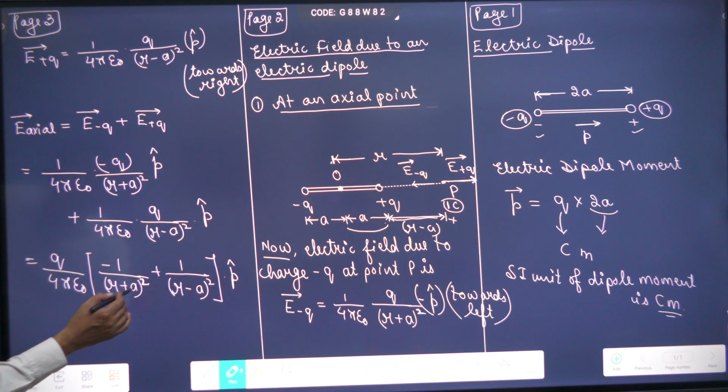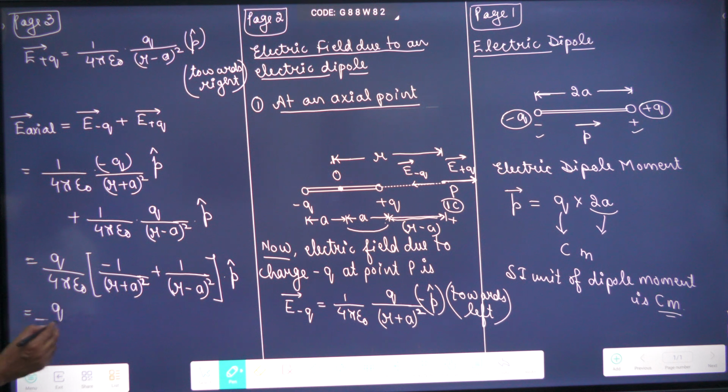Now we will take the LCM. Whenever we have different terms like this, we take the LCM, by multiplying these two terms.